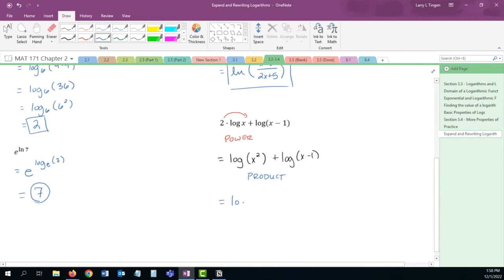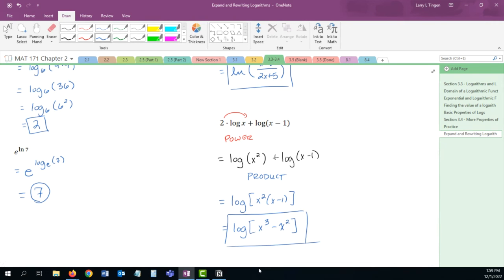The product rule says that I can take the sum of logs, and rewrite it as the log of the product of the arguments. I don't know which one they would want this in. You can distribute the x squared or not. They both lead to the same answer.